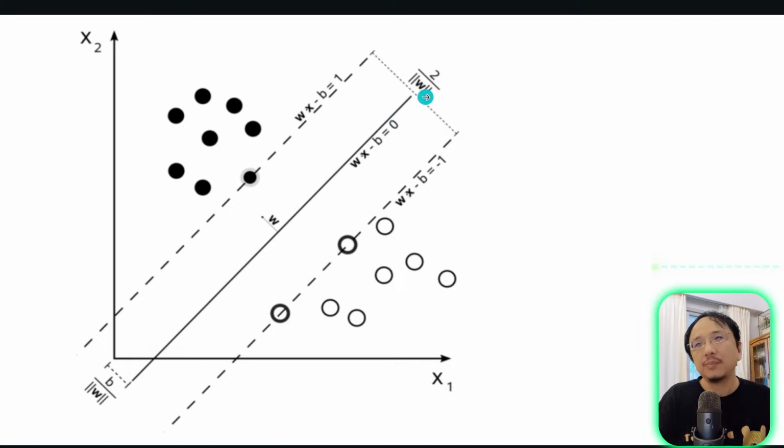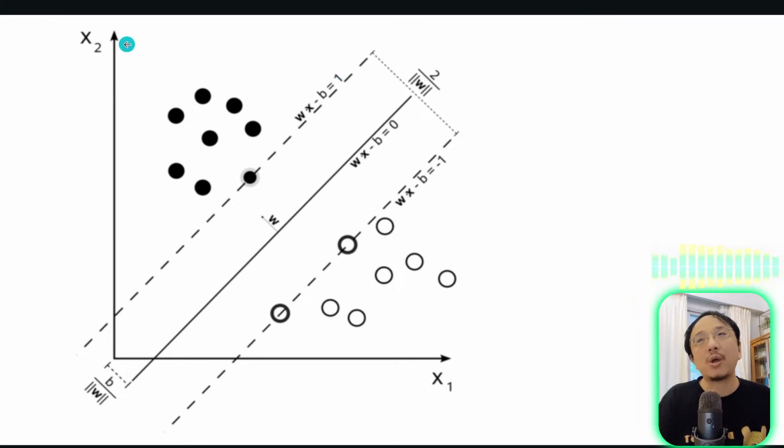And we wish that all of the black samples are on the left side of wx minus b equals 1. Which means if we plug this x into this equation, wx minus b, the value should be greater or equal to 1.